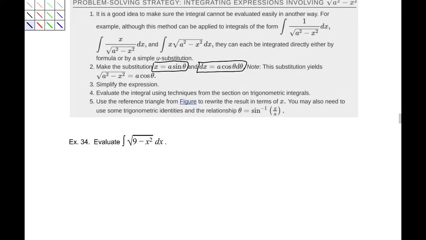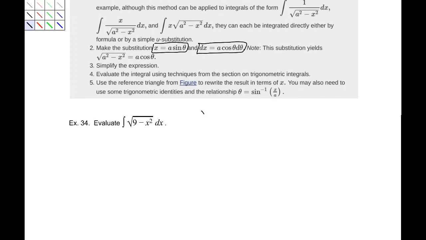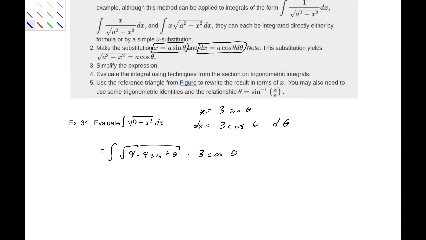We already showed, first we said x is 3 sine theta, which makes dx 3 cosine theta d theta. Based on this problem-solving strategy, we're going to replace this: 9 minus 9 sine squared theta times dx, so that is 3 cosine theta d theta.